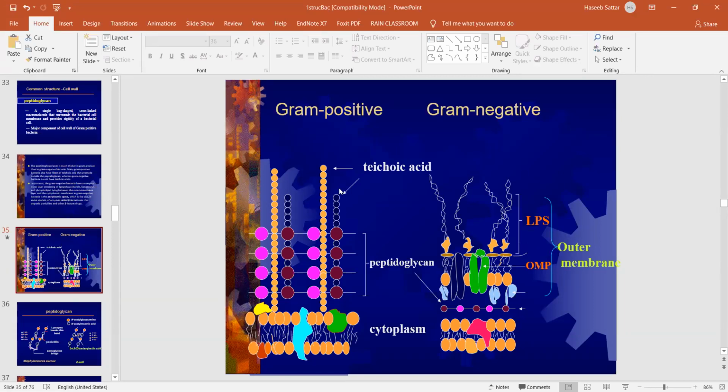Teichoic acids are fibers protruding outside from the peptidoglycan units in gram-positive bacteria, while gram-negative bacteria have no teichoic acid. The outer membrane of gram-negative bacteria is composed of lipopolysaccharide, phospholipids, and polysaccharides. Just wait, we will discuss this in detail.